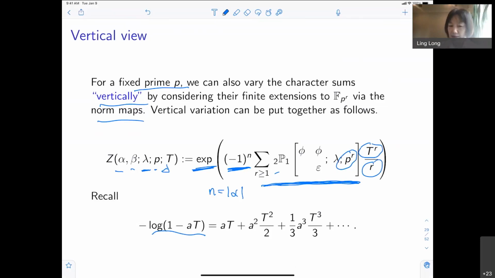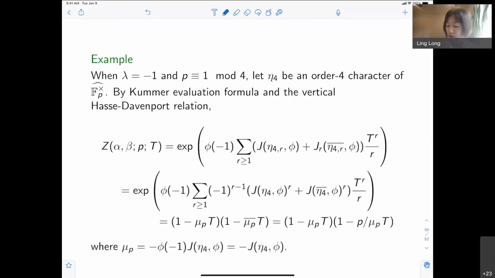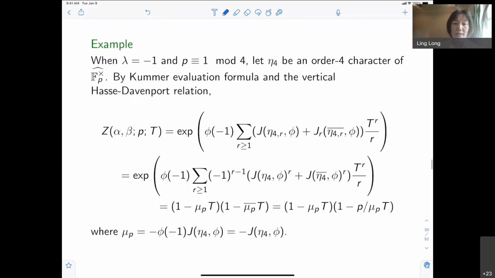With that definition, if you put the character sum vertically, what you get is pretty nice. Let me give you an example. When we get to the Kummer evaluation, when p is 1 mod 4, so the trace is not going to be 0, you can apply the formula from the previous page, and by the Kummer evaluation you get Jacobi sums.